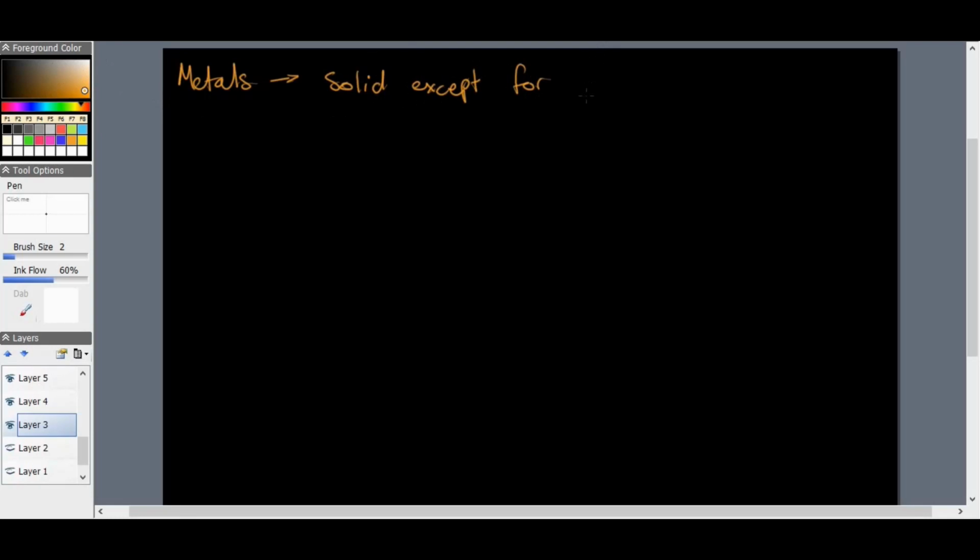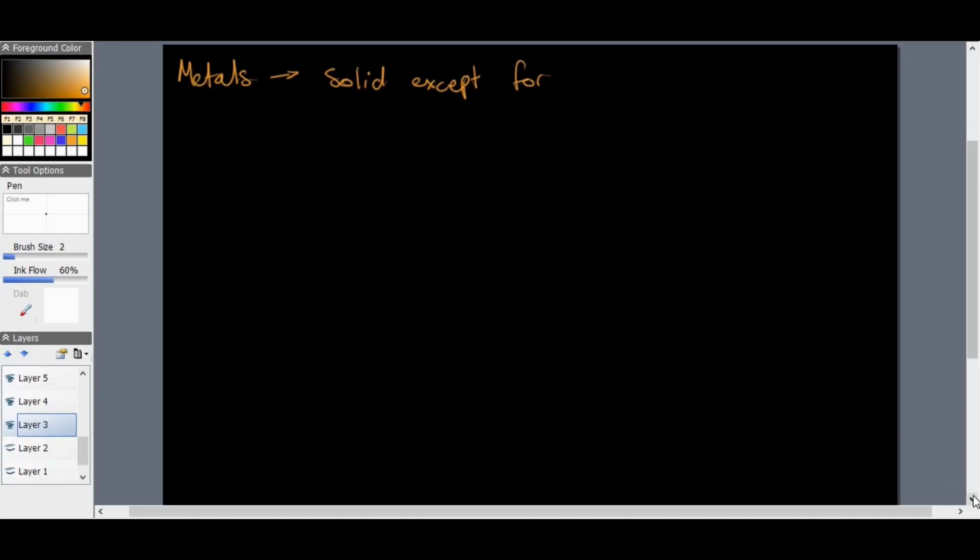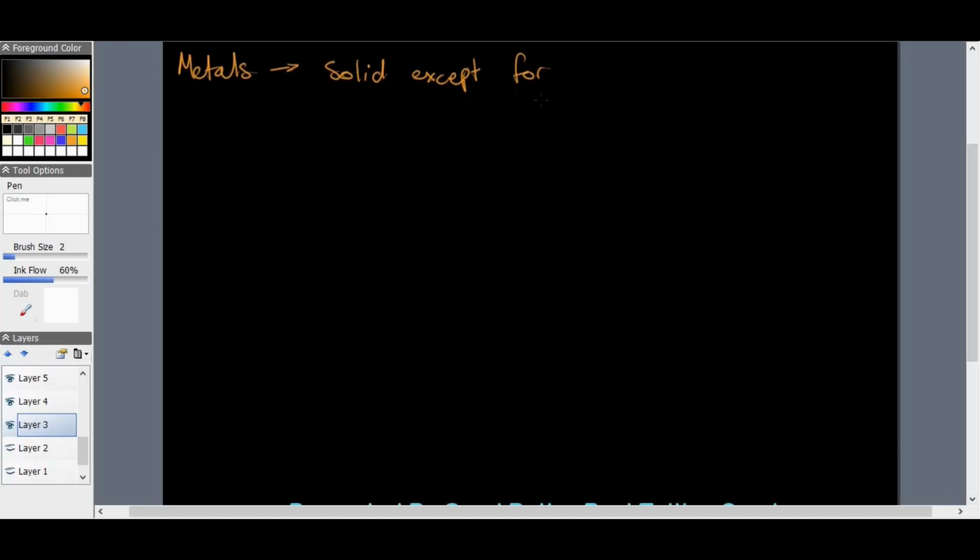There's one metal that is not a solid. Anybody tell me which one? Don't be shy. I know you all by name. Anybody will take a guess? There's only one metal that is not solid at room temperature.